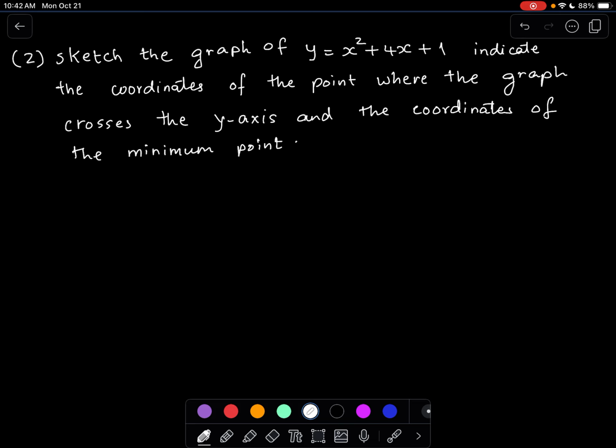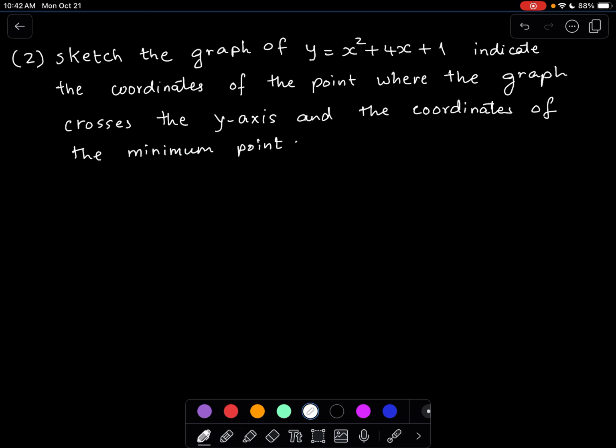Notice that in this question we are not required to show the roots. What are the roots? What are the x-intercept? Yeah. So we just need the point where the graph crosses the y-axis and the coordinates of the minimum point.